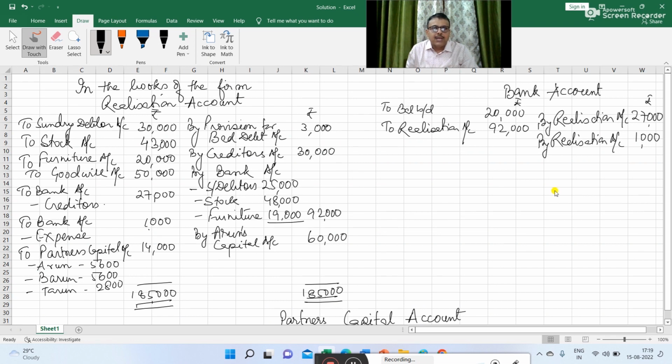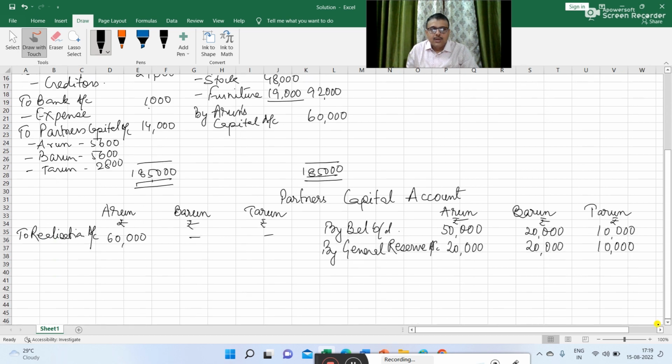Now in partners capital account we have to transfer the profit on realization. So realization account debit to partners capital account. So in partners capital account I am writing by realization account 5,600, 5,600 and 2,800. Now the balancing figure in the partners capital account will be paid to the partners.